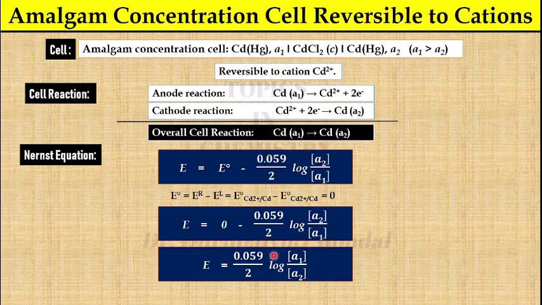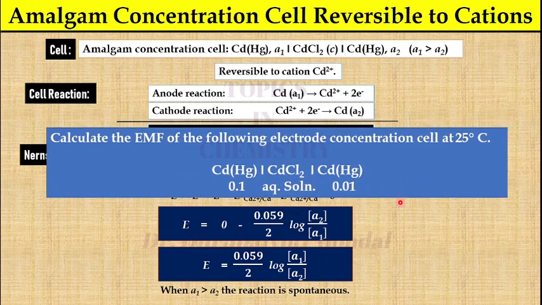So again, you can see if you want to get E cell positive, then the condition is that A1 must be greater than A2. Therefore, that is the condition. When A1 is greater than A2, the reaction is spontaneous. That is the most important condition for an amalgam cell. Now see one problem. Calculate the EMF of the following electrode concentration cell at 25 degrees Celsius.